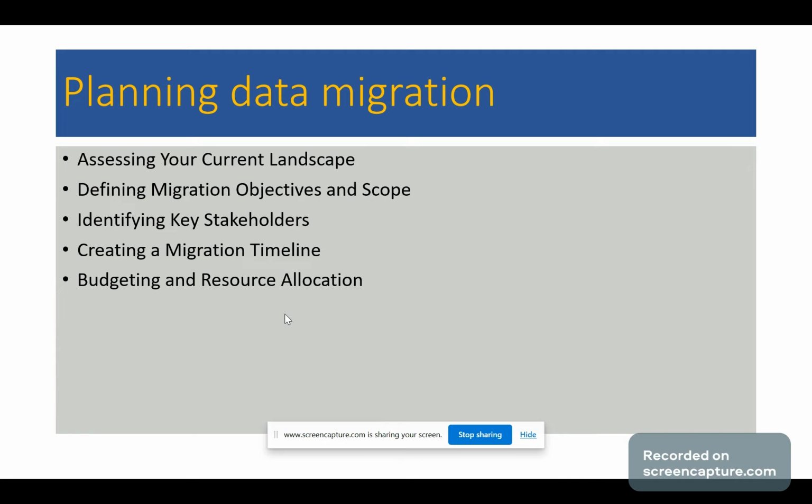The first thing is assessing the current landscape. The second one, defining migration objectives and scope. Third one, identifying the key stakeholders. Fourth one, creating the migration timeline. And the last one is budgeting and resource allocation.